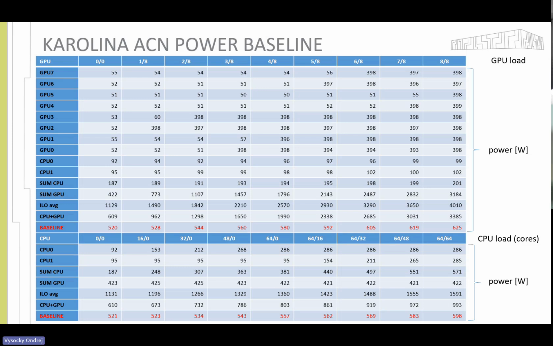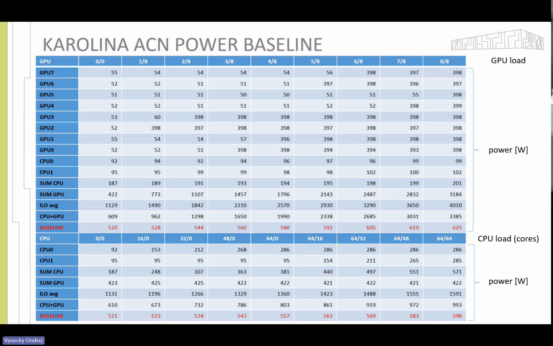We have here the Karolina system where we have 8 GPUs on a single node, and we may evaluate the typical power consumption of each GPU and each CPU when there is no load, and slowly increase the workload on each piece of hardware.